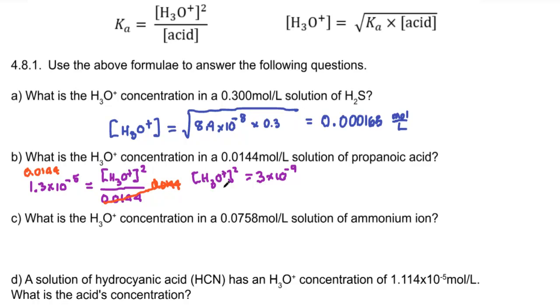Now, we want H3O alone, so to strip the square off it, we square root both sides, and from that we get H3O equals 5.192, or I'll round that to 5.2, times 10 to the minus 5 moles per liter.